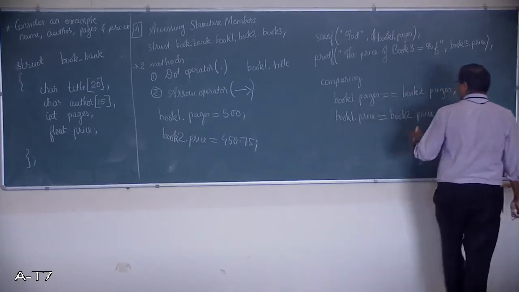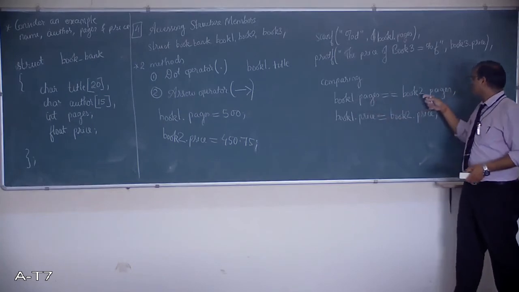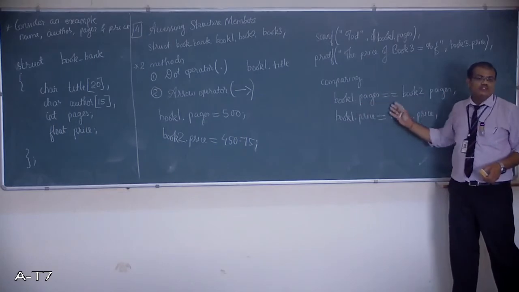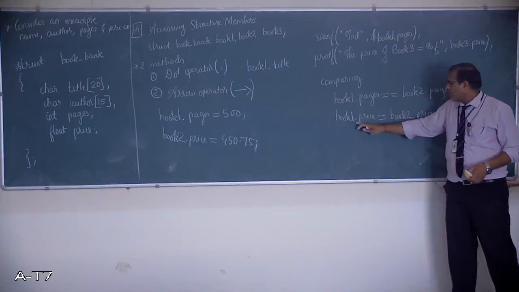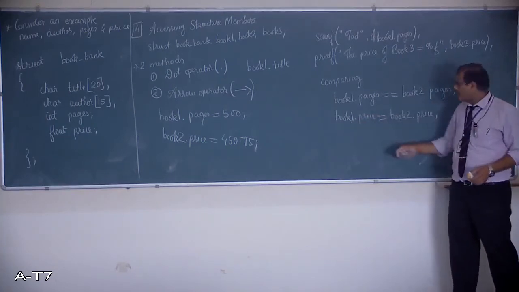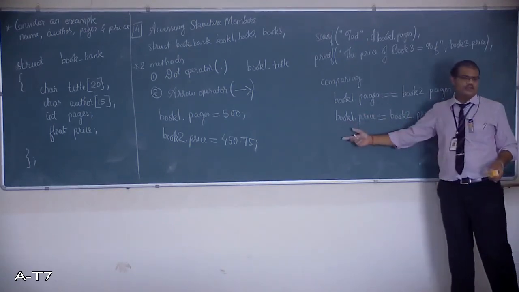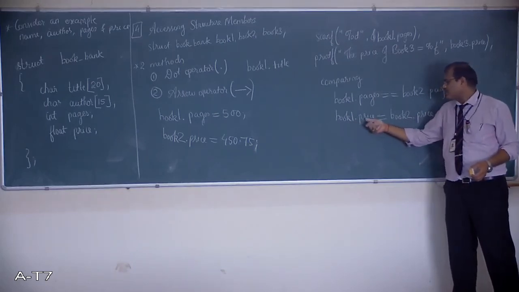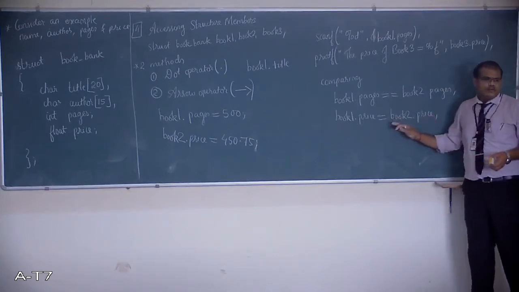I can use it for comparing 2 values, book1 dot pages and book2 dot pages. I am going to use the 2 equal to operators, indicating that I am going to check whether they are equal or not. In the second case, I am going to assign the value of book2 price to book1 price. So the price of book1 is assigned the value of price of book2.